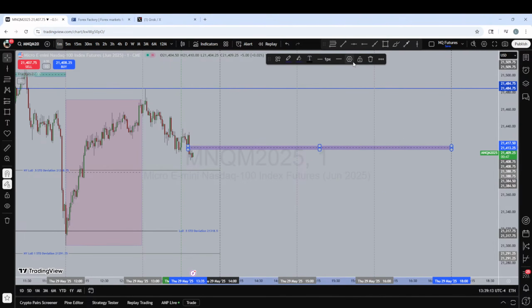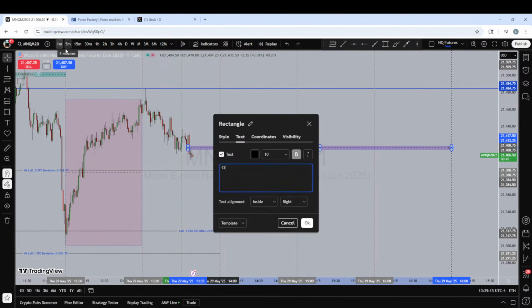So this is 1:30 New York time. First percentage fair value gap.